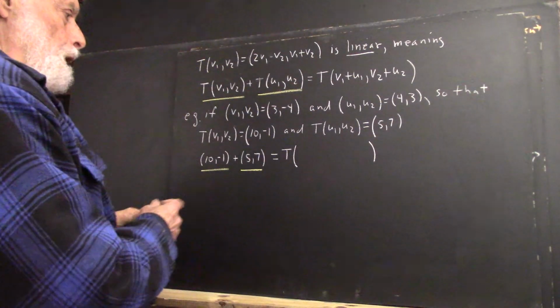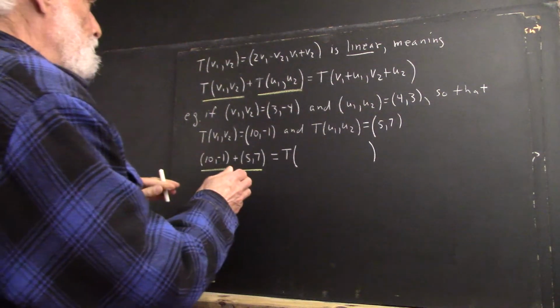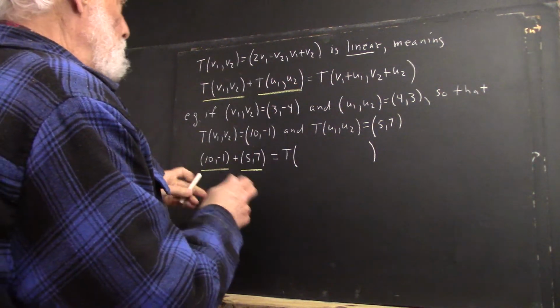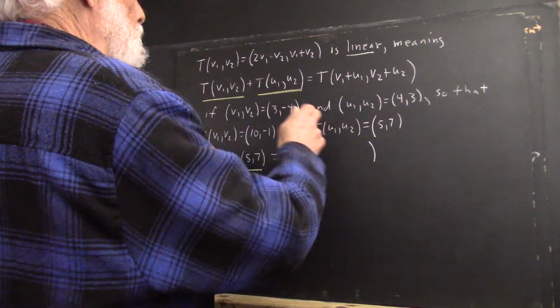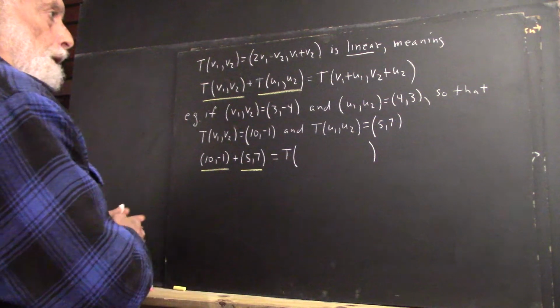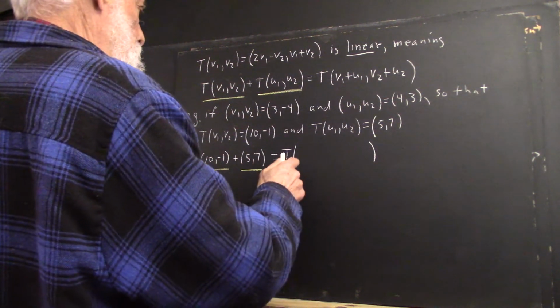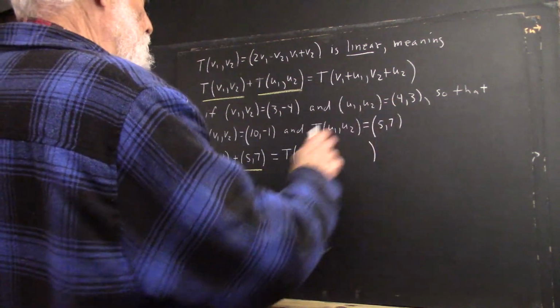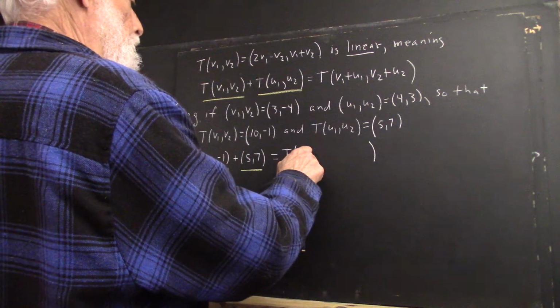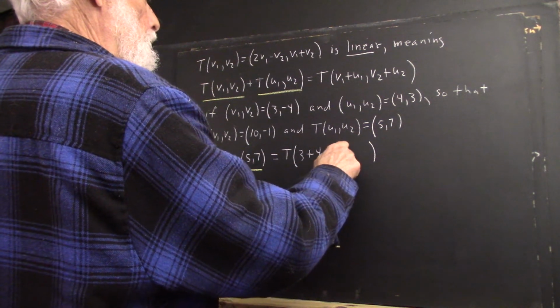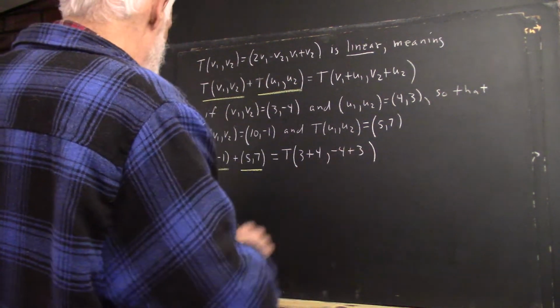Is that equal to what I get if I transform v1, v2 plus u1, u2, which is v1 plus u1, v2 plus u2. And I'm going to write that out. This would be the transformation of this vector plus this vector, which is 3 plus 4, negative 4 plus 3.